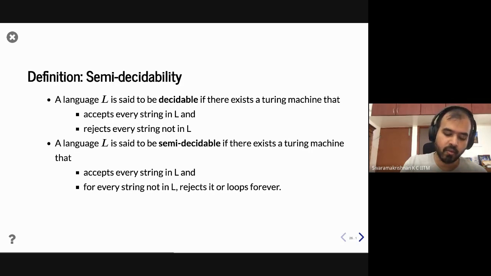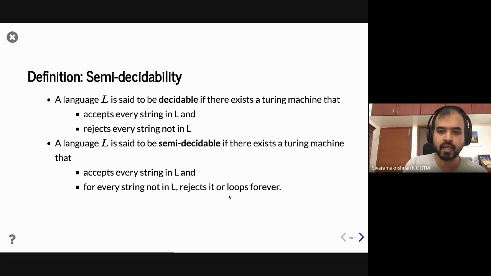So what is semi-decidable now? Semi-decidability is, if you consider the language L and assume that you have a Turing machine, right, which given any string that is in L accepts that string, right? But for every string not in L, it either rejects it or it may loop forever, right?